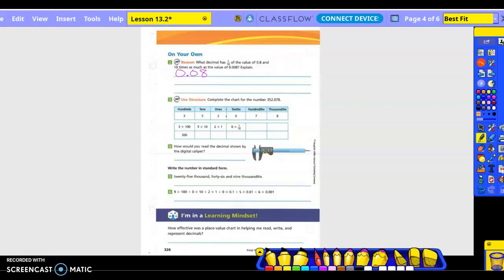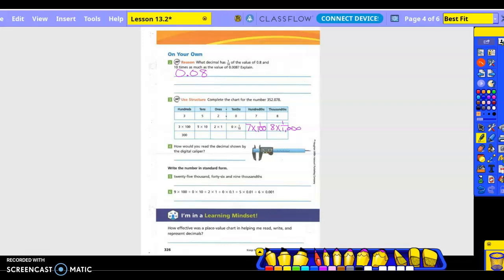All right, number 3, use structure. Complete the chart for the number 352 and 78,000. Okay, so they already put the number in the chart for us, right? Let's go ahead and continue expanding it out. So this one would be 7 times what? 100, right? This would be 8 times 1,000.